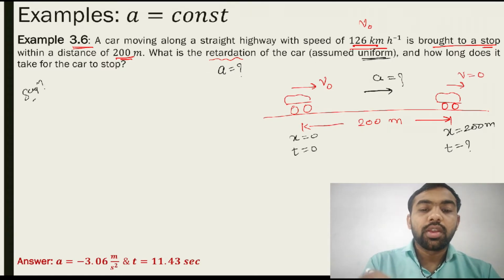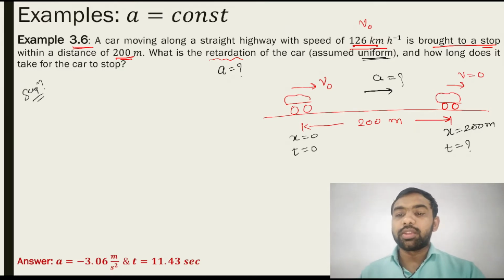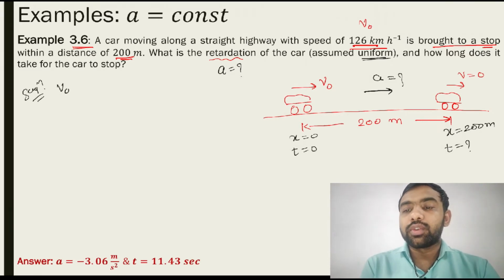Very simple. Now the car comes to rest. We could use the direct stopping distance equation, but if you do not want to use the stopping distance formula, then write down all this data. First of all, v0. Let's convert 126 kilometer per hour to meter per second.